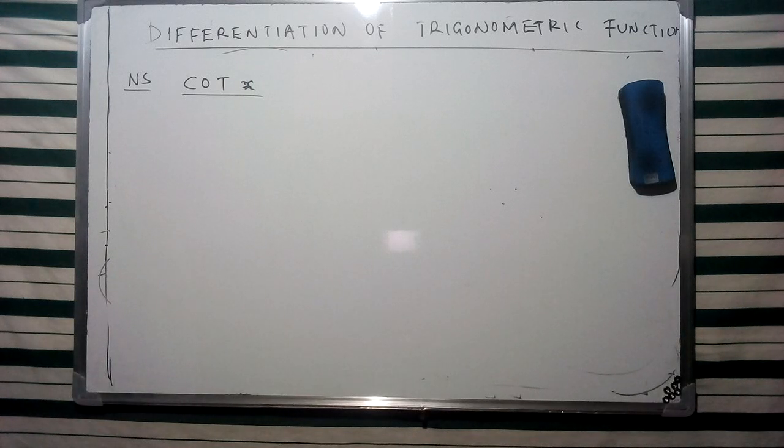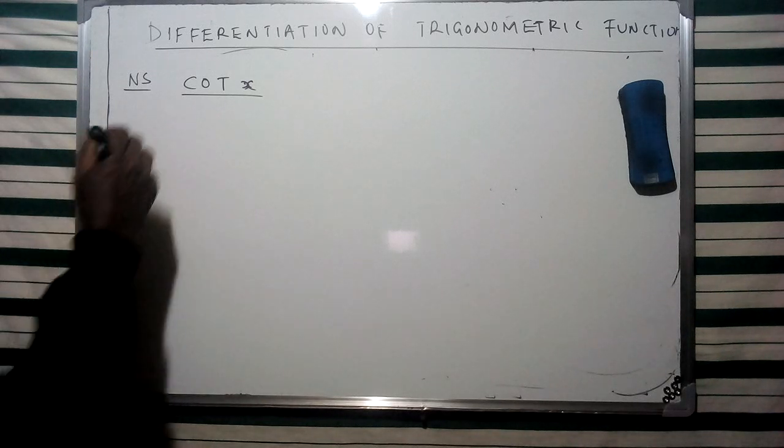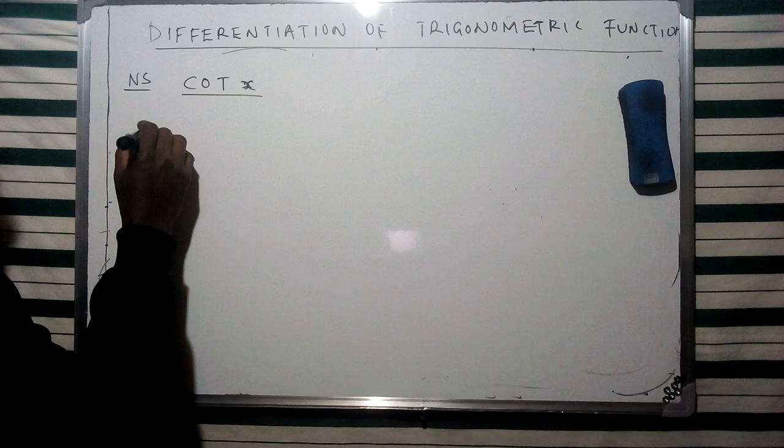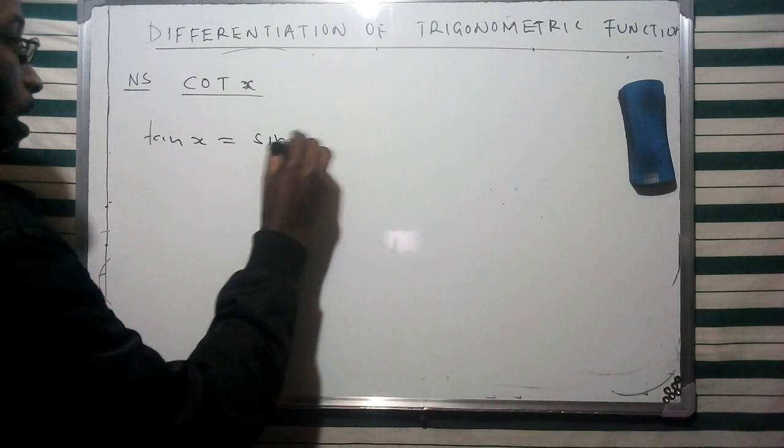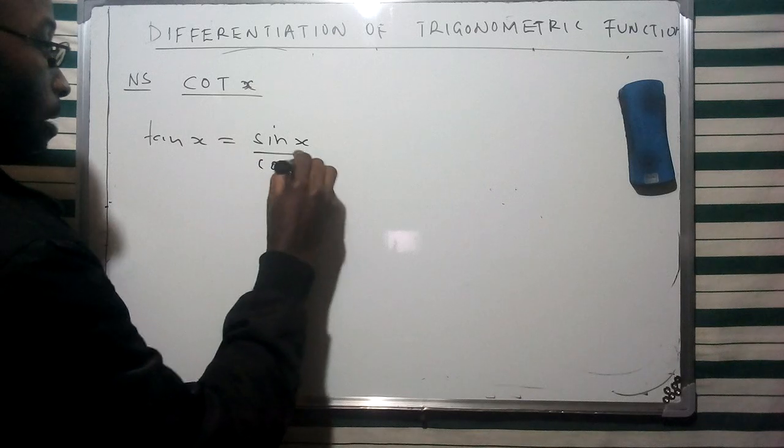Now, from the three basic trigonometric functions, the sine, cosine, and the tangent, we're going to see that the cot of x represents this specific representation. We had said that we are going to have the tangent of x given in terms of the sine of x all over the cosine of x.